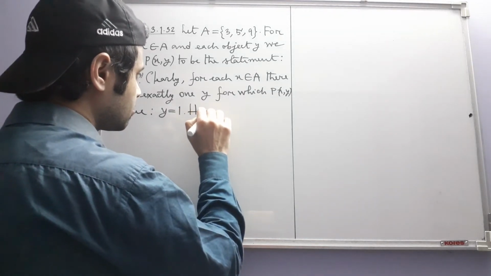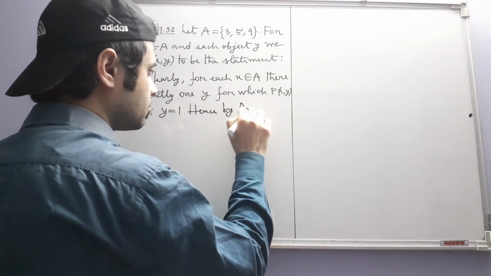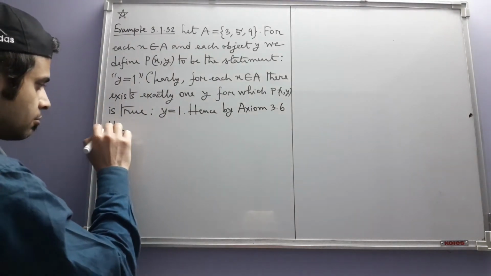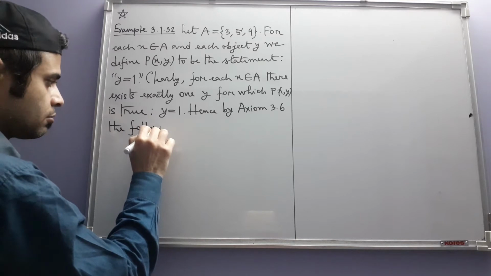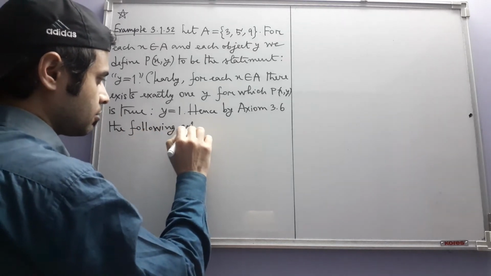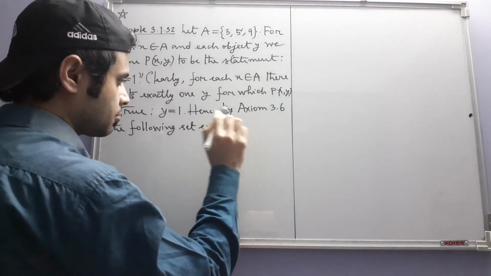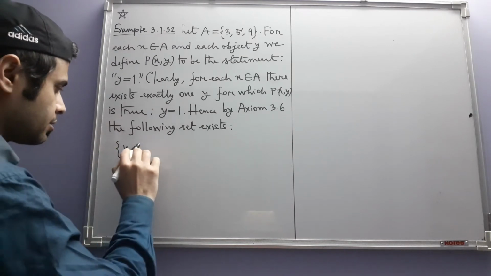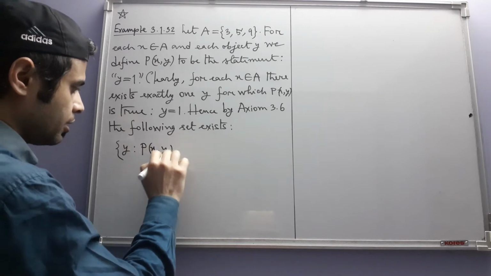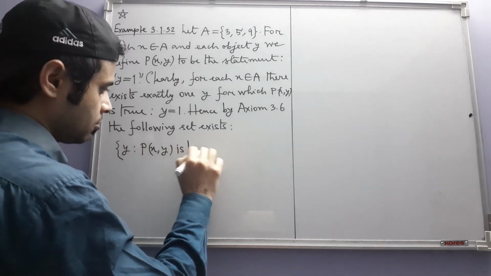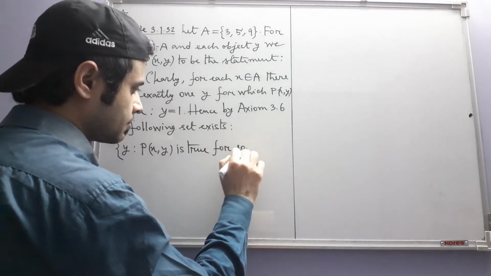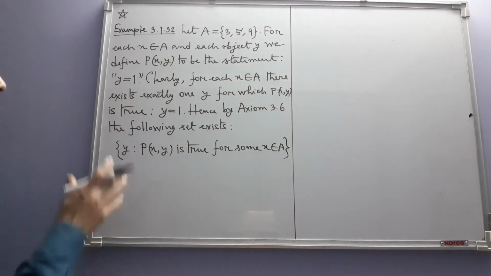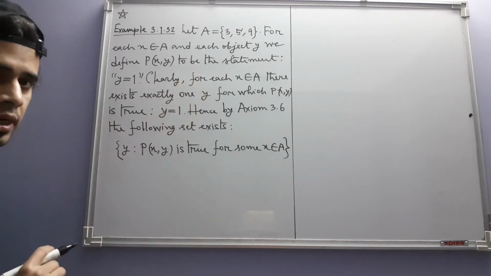Hence, by axiom 3.6, the following set exists: the set of all y such that p of x comma y is true for some x in A. Now in this case, for us, what are the relevant statements?